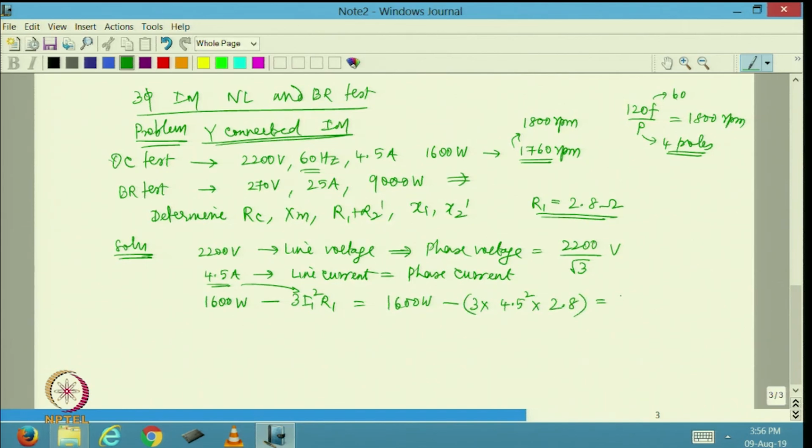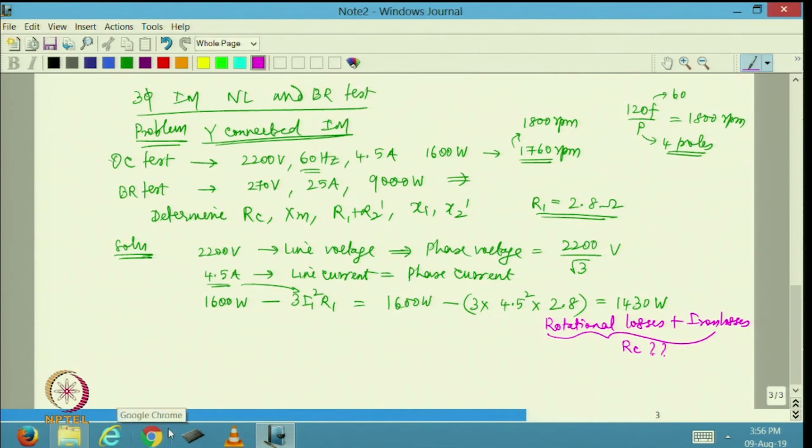This will give me the value of the losses, which consist of rotational losses, because the motor is rotating very clearly, plus iron losses. So, iron losses and rotational losses corresponding to this, I should be able to get RC.